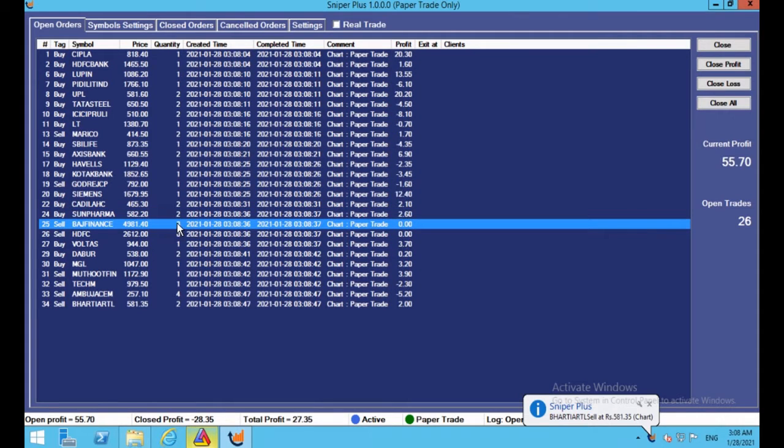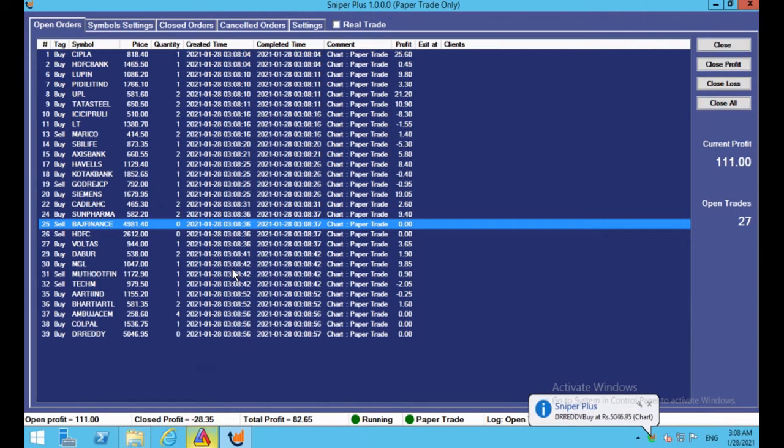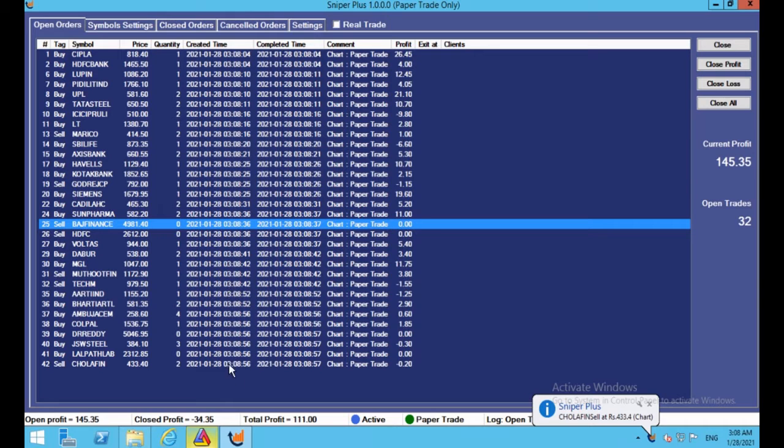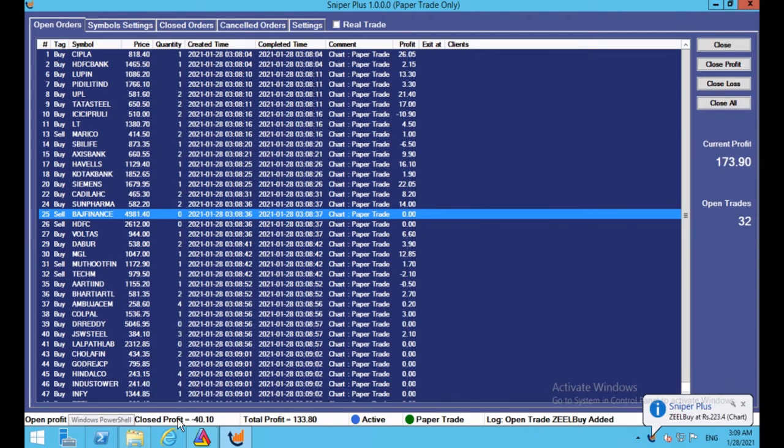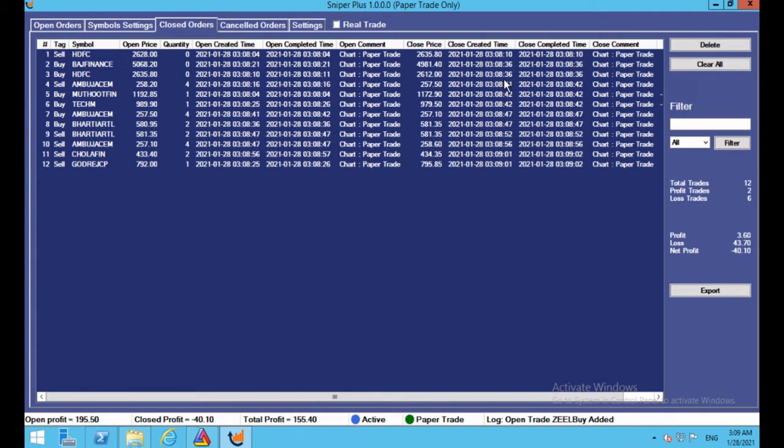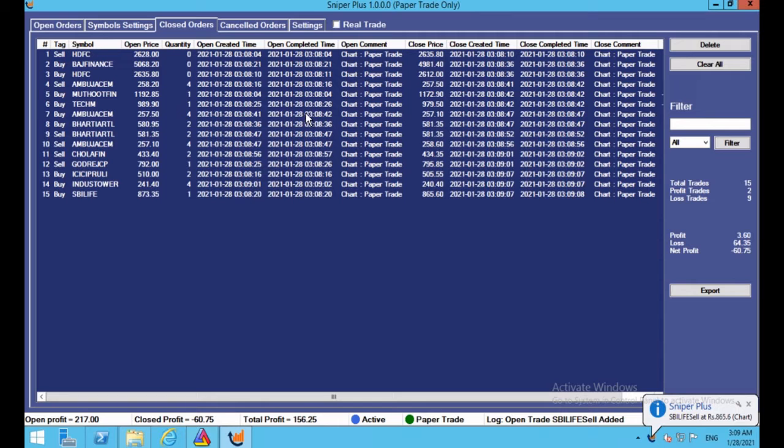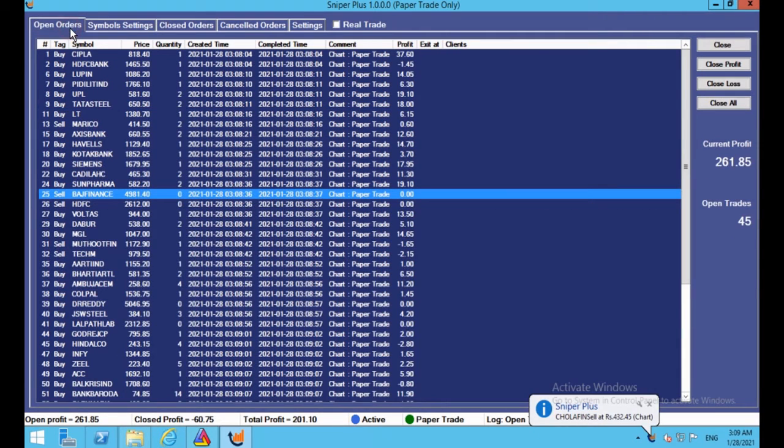If the capital is not sufficient, the order will be rejected, showing the quantity as 0. Below we can see the open profit, closed profit and total profit. Closed profit also shows whichever symbols are closed.